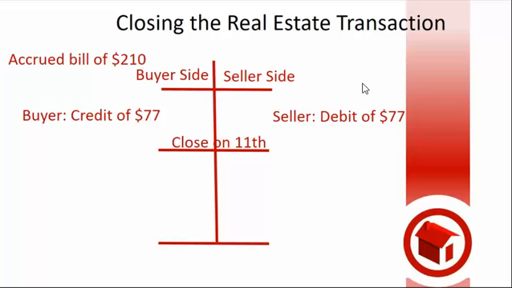Everybody see what I'm getting at? His credit comes in the form of not having to pay the full $100,000. The problem with that is if your buyer's getting a loan for $100,000, he now just gets a loan for $99,923. When it comes time to make the payment, he literally has to reach in his pocket and pull that $77 out.